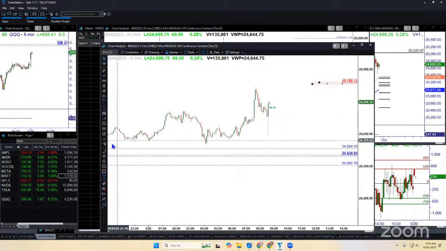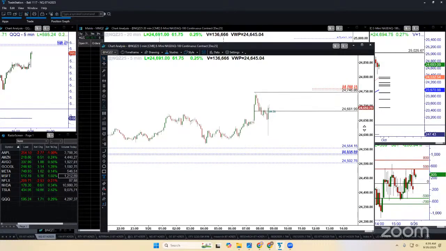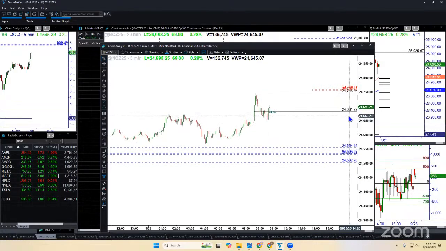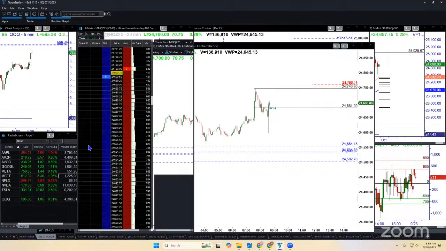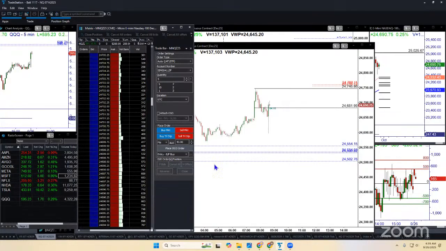Yeah, we got the leg base up here. $681. I'm going to still lean towards the bearish side of that.